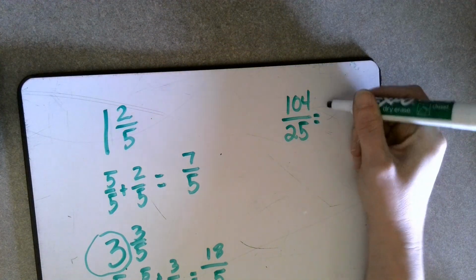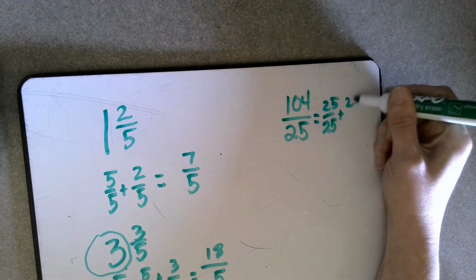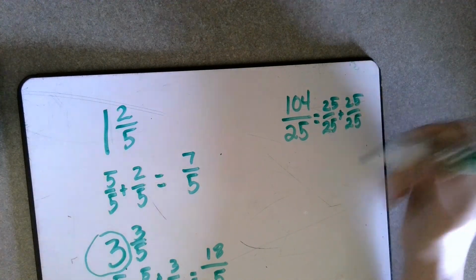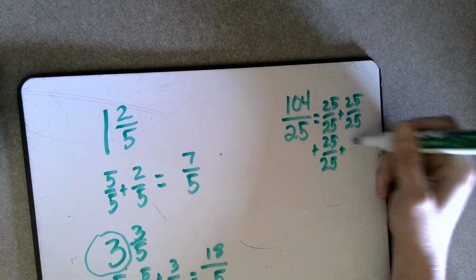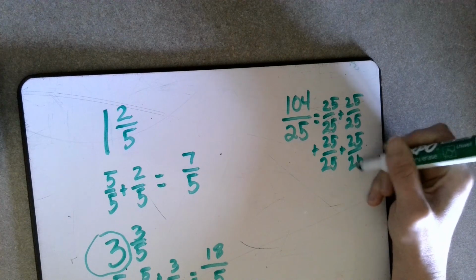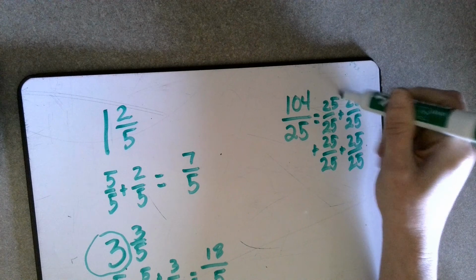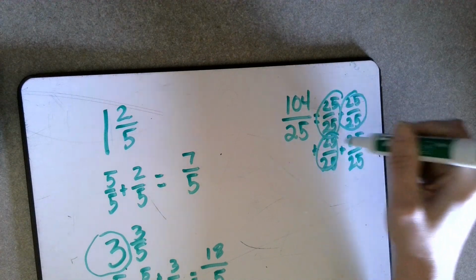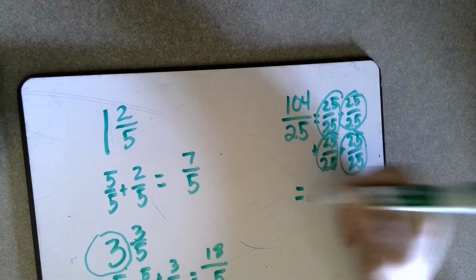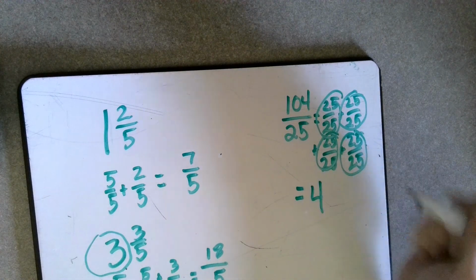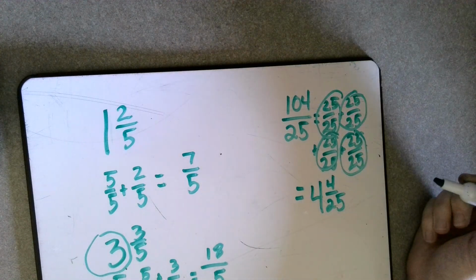Or if you think about it as 25 25ths plus 25 25ths plus 25 25ths plus 25 25ths, there's 100 25ths right here, or 1, 2, 3, 4 wholes, and then I have 4 more. So I have 4 wholes and then 4 25ths remaining.